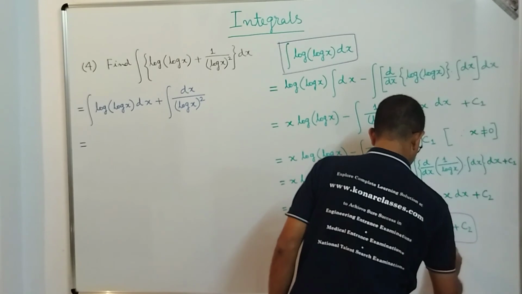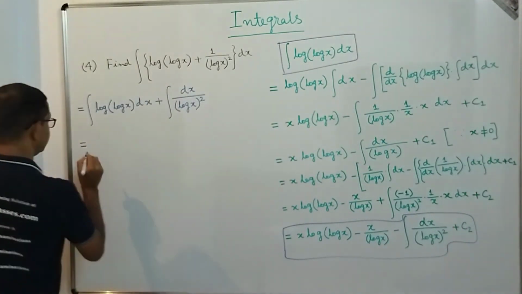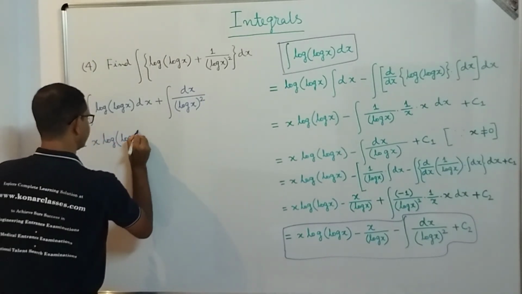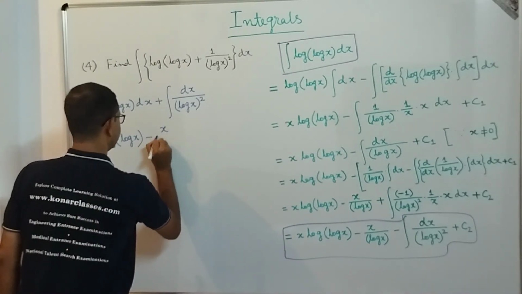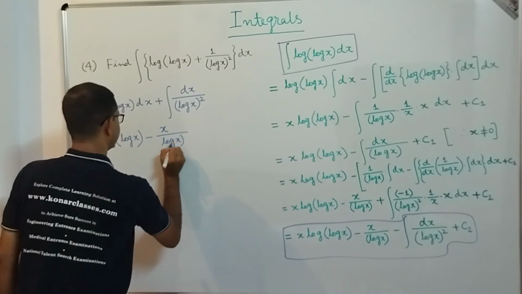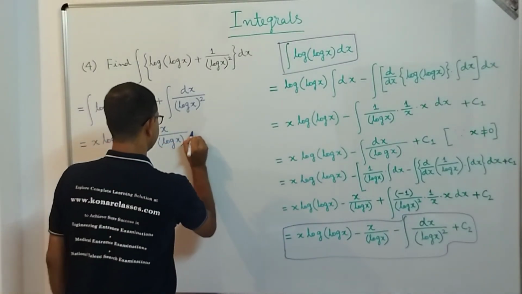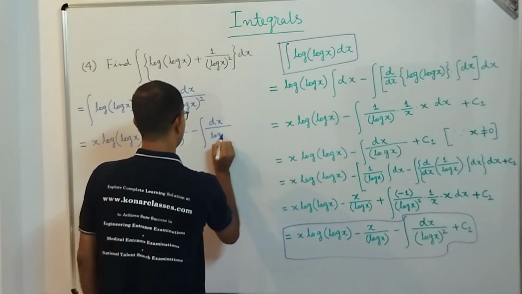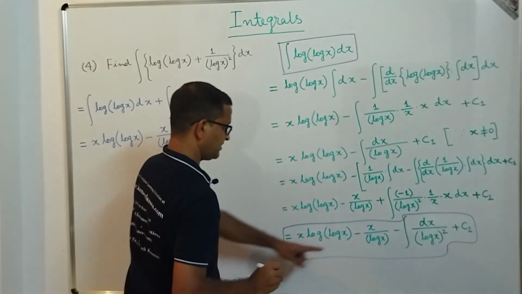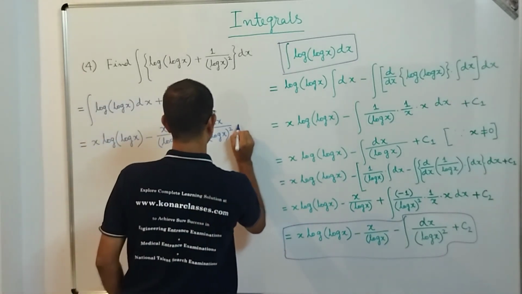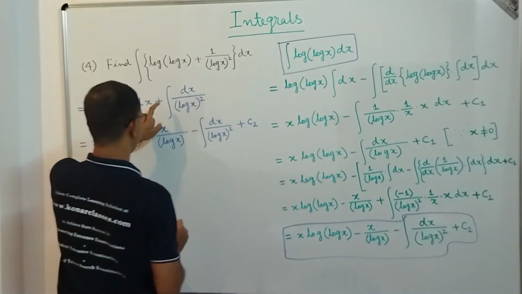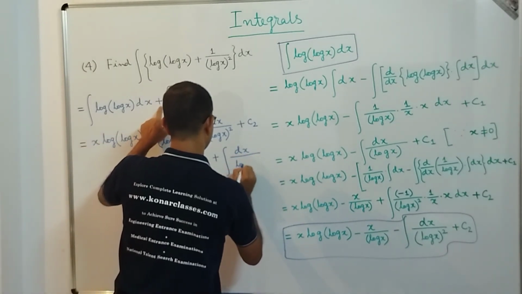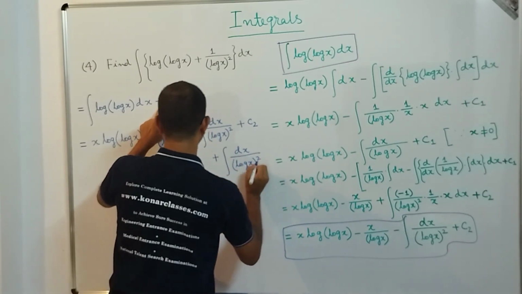Okay, and if we apply that, what we get here is x log x, correct, minus x by log x, correct, then minus integration dx by log x whole square, okay, plus C2, that integrating constant, and plus integration dx by log x whole square, correct, this one.